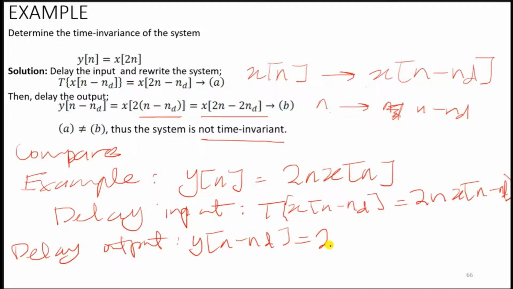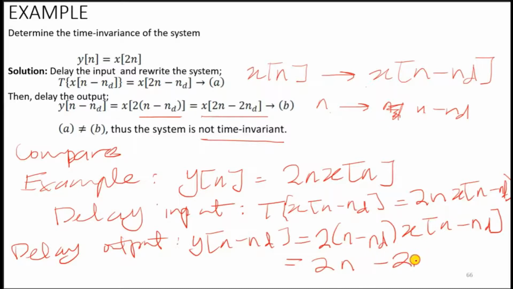In this case, this is 2n minus n_d, x[n] minus n_d. Okay, so what you have here is 2n minus 2n_d times x and d.